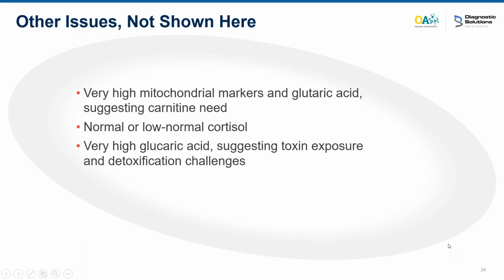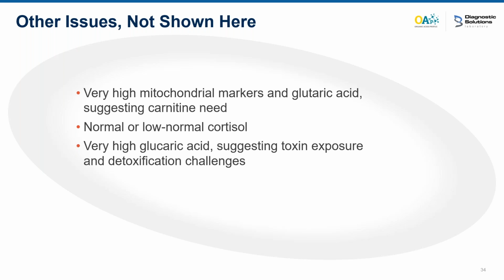Now, Dee Dee had some other issues, and in the presentation of this case, I really wanted to keep it simple without going over everything on the whole test, because this is a long test. It gives a great bit of information. So I want to mention the full findings. She had very high mitochondrial markers and glutaric acid.